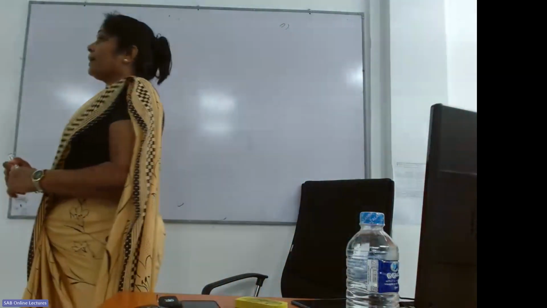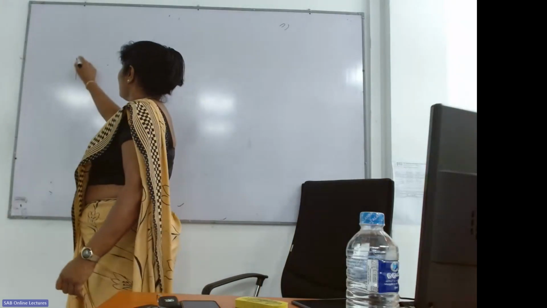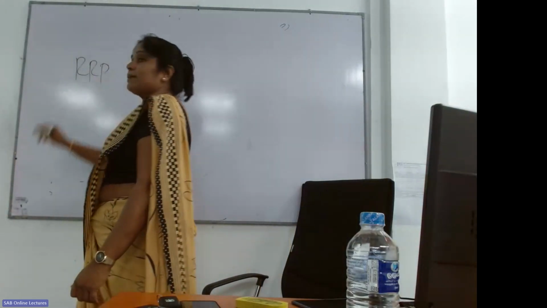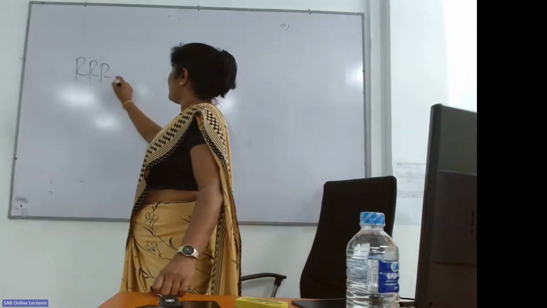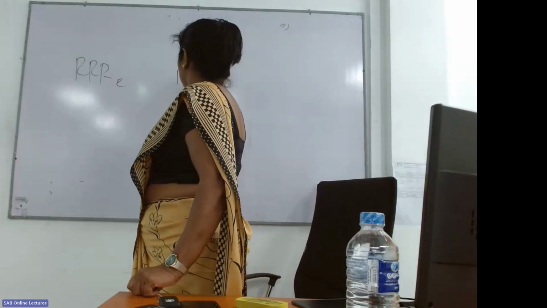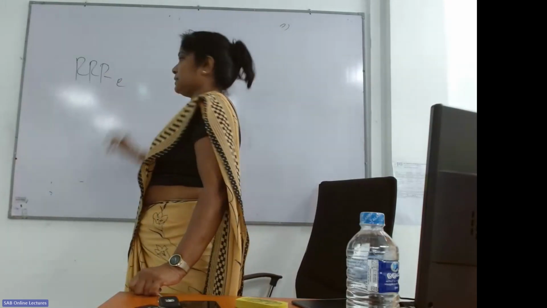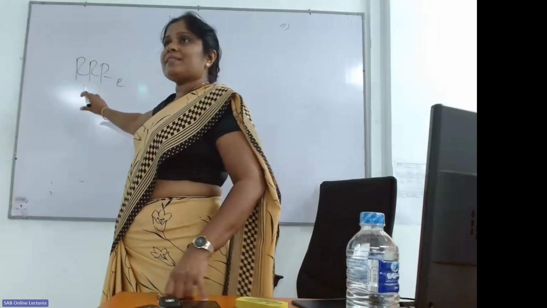So the required rate of return for the equity shareholders, and this is the required rate of return for the bondholders. Are they the same? This is the discounting factor.